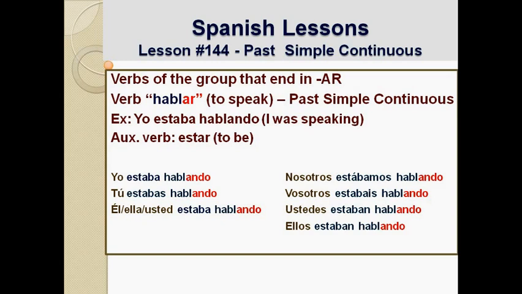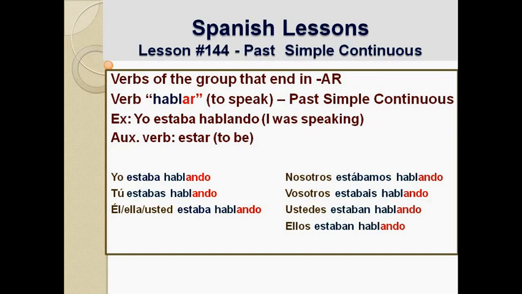So if we want to use another verb from this group of verbs, we only replace the root of this verb for the root of any other verb we want to conjugate. In this case, the part of the verb habl, H-A-B-L, that is the root of the verb hablar.